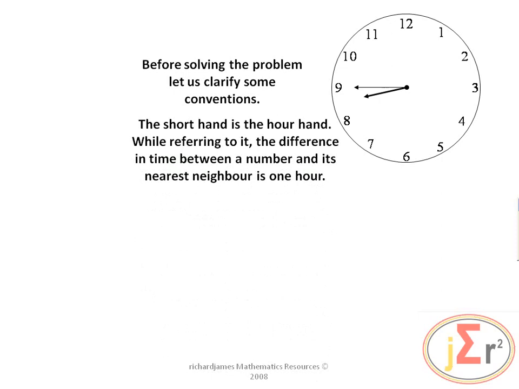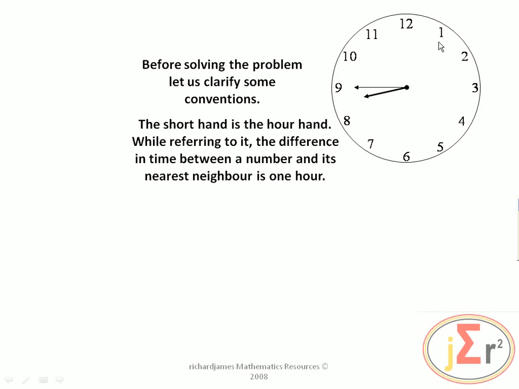The short hand is what hand, Jerry? Hour hand. Right, it is the hour hand. While referring to it, the difference in time between a number and its nearest neighbor is 1 hour. Therefore, this hour hand, if it is pointing on 12 and then it moves to 1, the time that would have elapsed will be 1 hour.